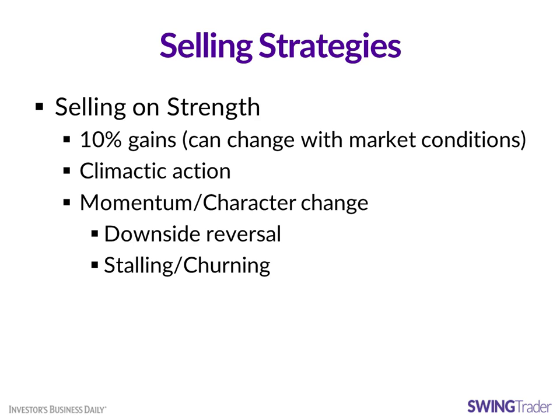Now, every time you enter a trade, you need to have an exit strategy, and with CanSlim, we've got lots of sell rules, whether it's just taking 20 to 25% profits or breaks below the 50-day in volume, climax runs, same sort of thing here in swing trading. The main thing we'd like to do is sell on strength.